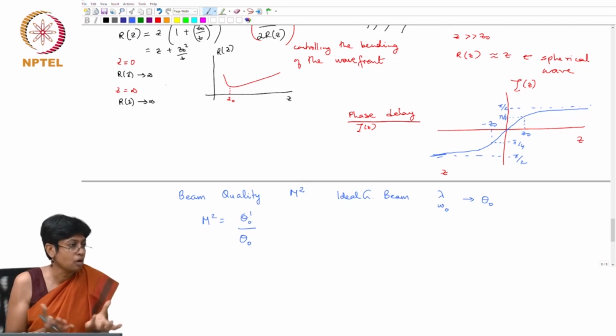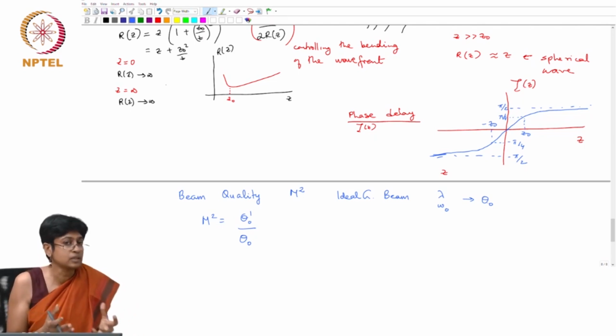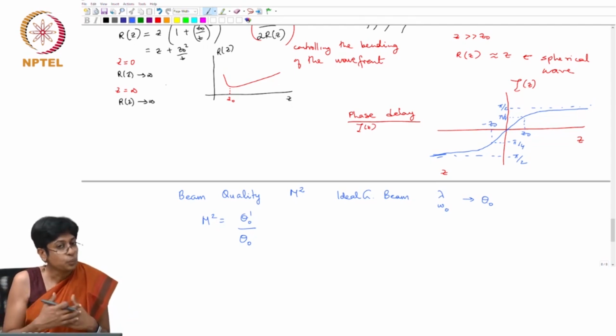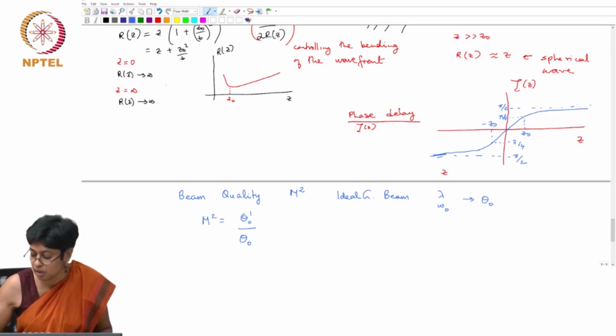It is a mode of the cavity. And the mode of that cavity, if I change some parameter or if I'm using much higher power, that mode quality gets affected. So the way to compare is to compare the divergence of the beam you have with an ideal Gaussian beam of same lambda and same omega. So this ratio is what we call the M squared ratio.